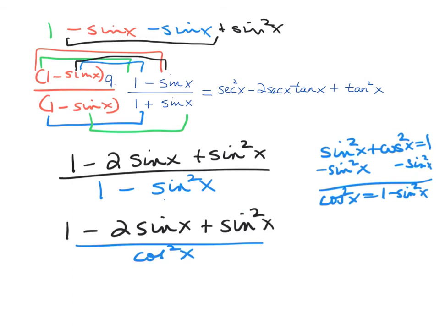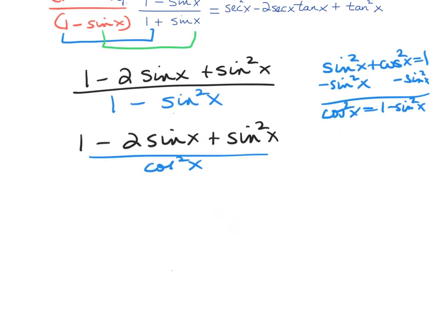Now, if you glance at your right side, notice it's got 3 different terms there. So I'm going to now split up my fraction and make each have its own denominator of cosine squared x. So I can get 3 separate terms. So I'm going to go ahead and do the 1 over cosine squared x.